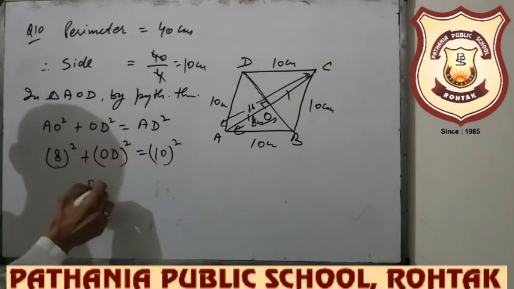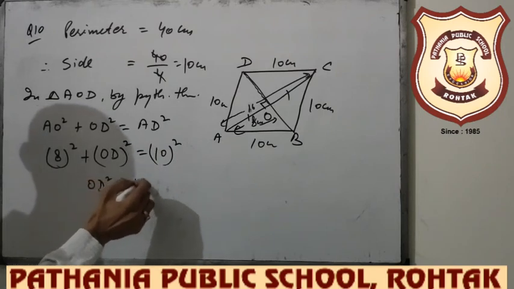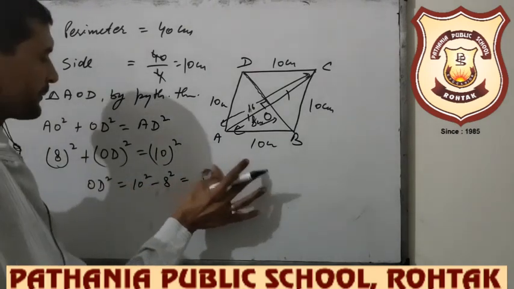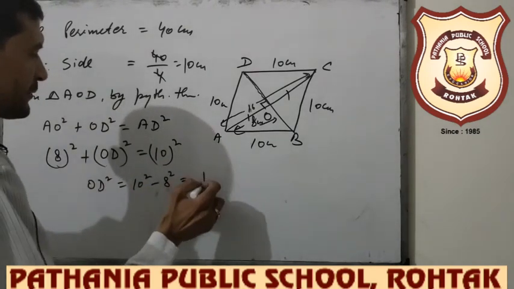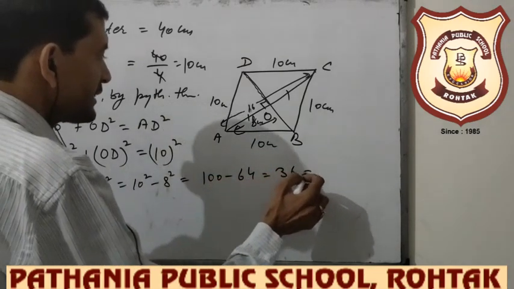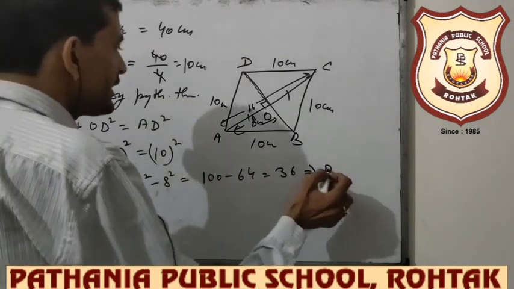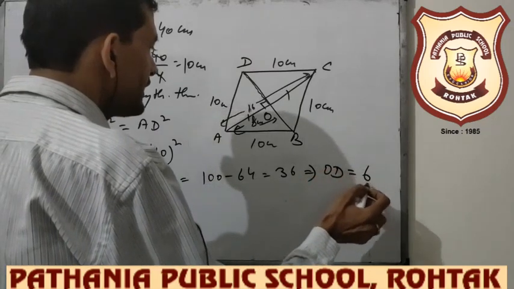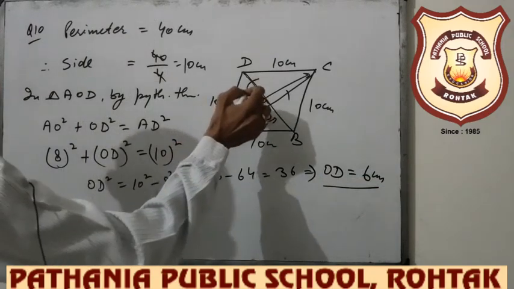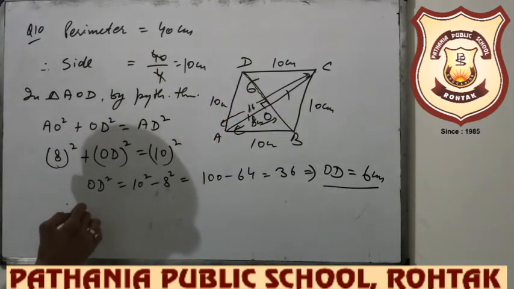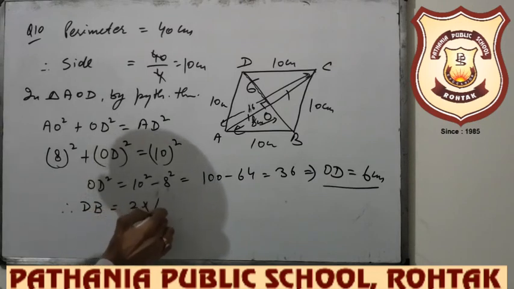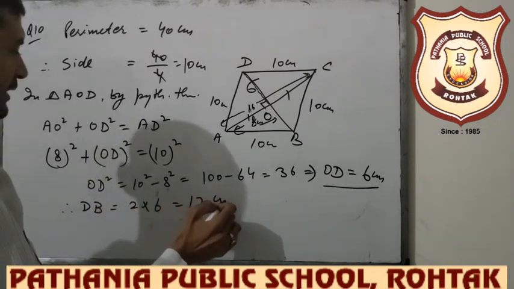So what is OD square? 10 square minus 8 square, that is 100 minus 64, and it is 36. So this implies OD is what? Taking square root both sides, 6 centimeter. OD is 6. So therefore DB is twice of 6, that is 12 centimeter.